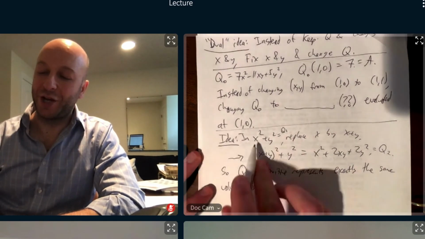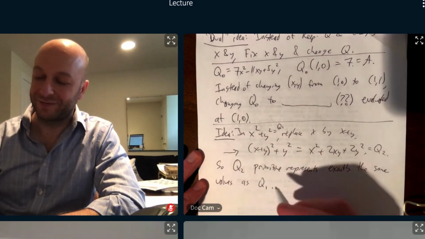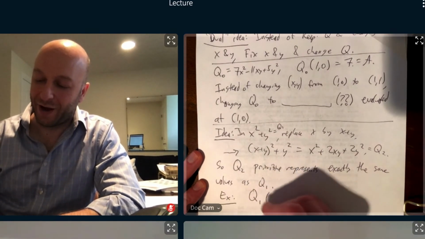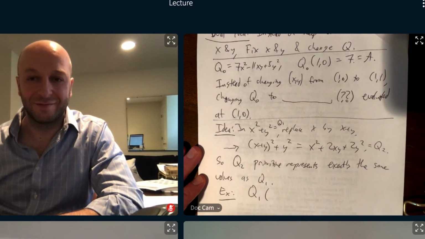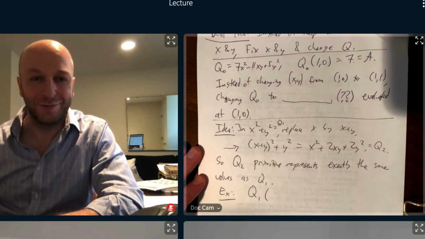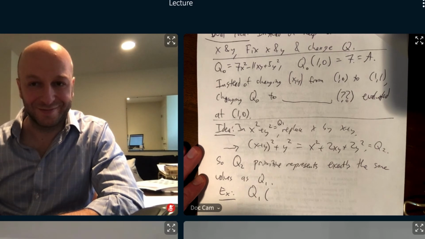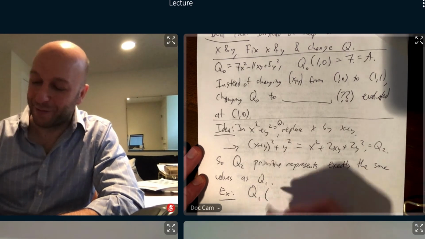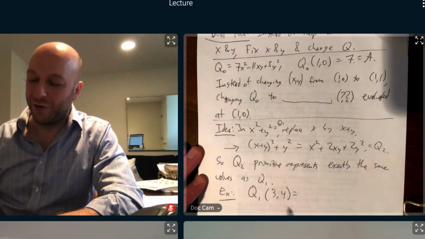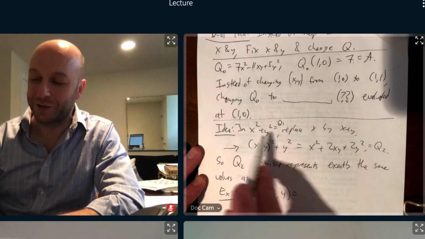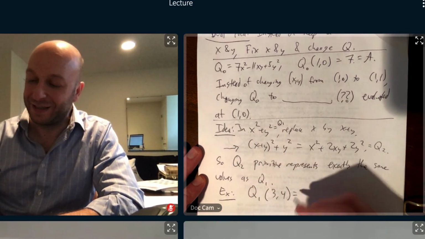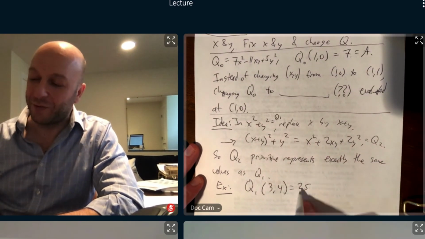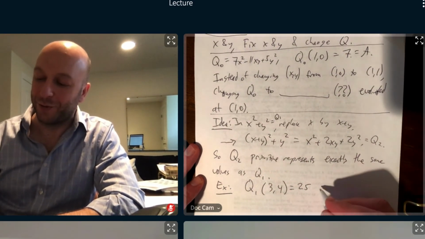So give me a representation of some number as a sum of two squares. Q1 of 3, 4. Perfect. Q1 of 3, 4. 3 squared is 9, 4 squared is 16. This is our 3, 4, 5 Pythagorean triple, it's 25. I claim 25 is also represented by Q2.